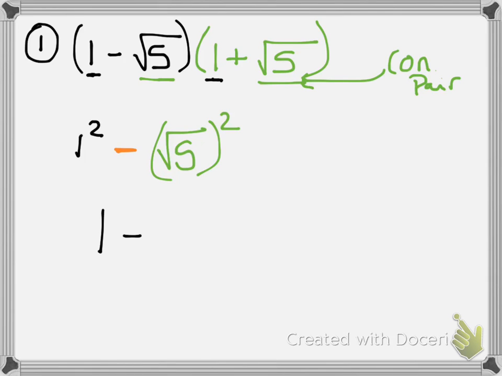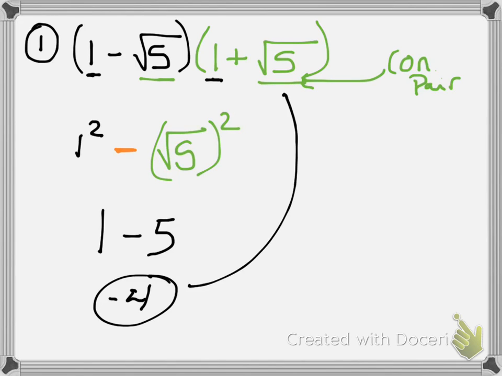Square root of 5 squared, that's square root of 5 times square root of 5, which leaves us just a 5. The answer is -4. So these two things you're going to have to identify on your homework: what it is when you find the product, and what the conjugate pair is.